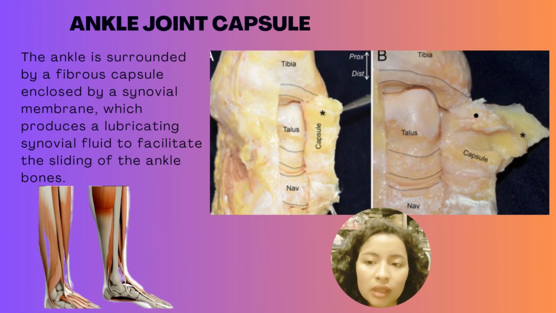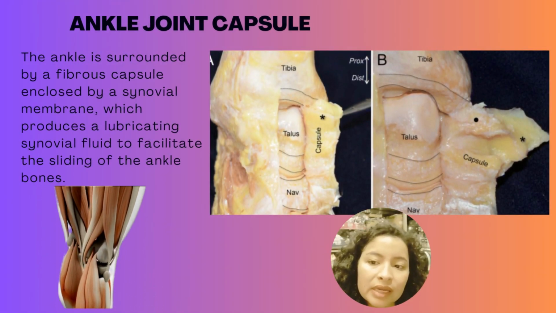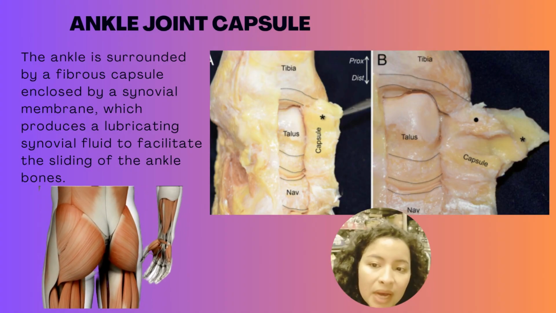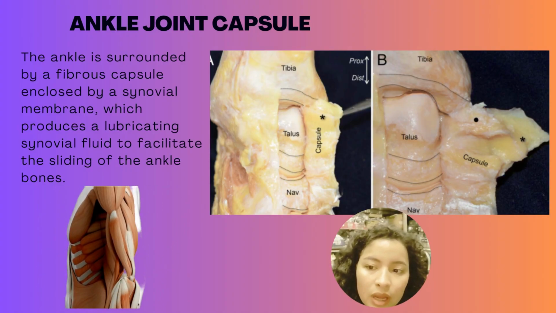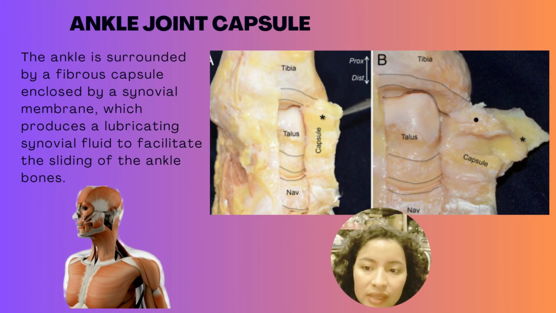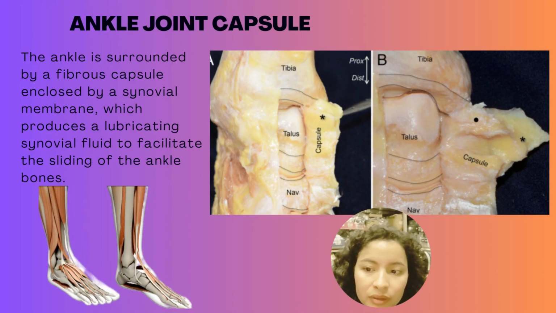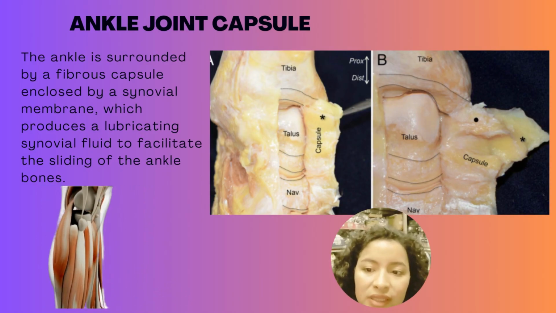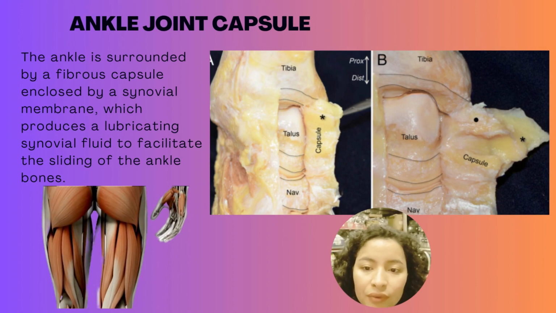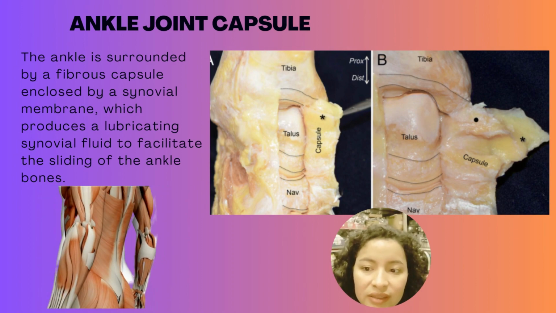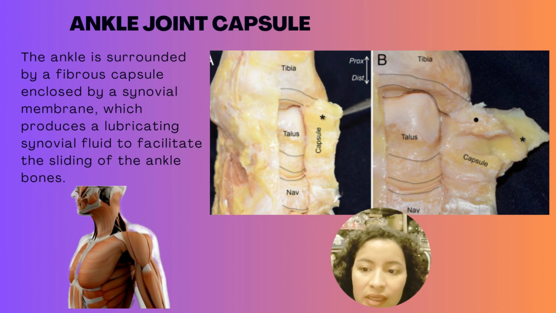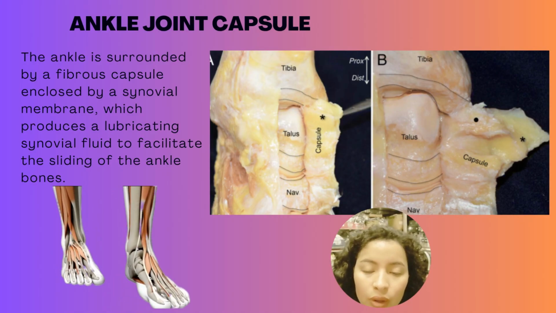Ankle joint capsule. The ankle is surrounded by a fibrous capsule enclosed by a synovial membrane, which produces a lubricating synovial fluid to facilitate the sliding of the ankle bones.